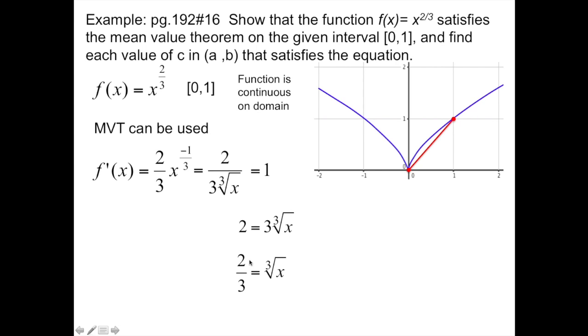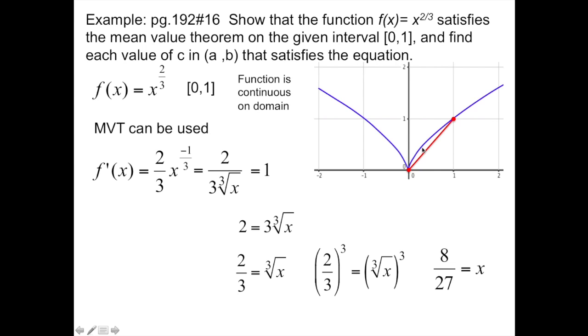So I'm going to divide by 3. I'm going to cube both sides to get rid of this radical. And I'm going to have an x value of 2 cubed is 8 and 3 cubed is 27. So at 8/27ths, so 8/27ths is about a third of the way there, right? That would be 8/24ths.